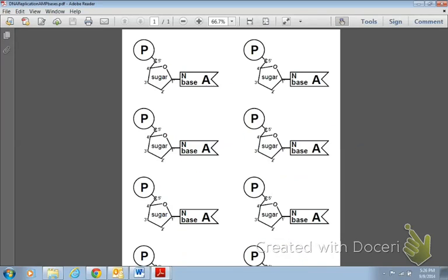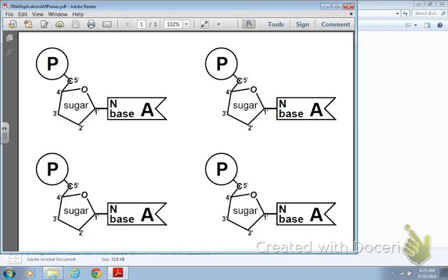All right, so we're on to DNA. Okay, so you have the adenine bases here. So when you look at this one, this is a nucleotide, which makes up DNA.